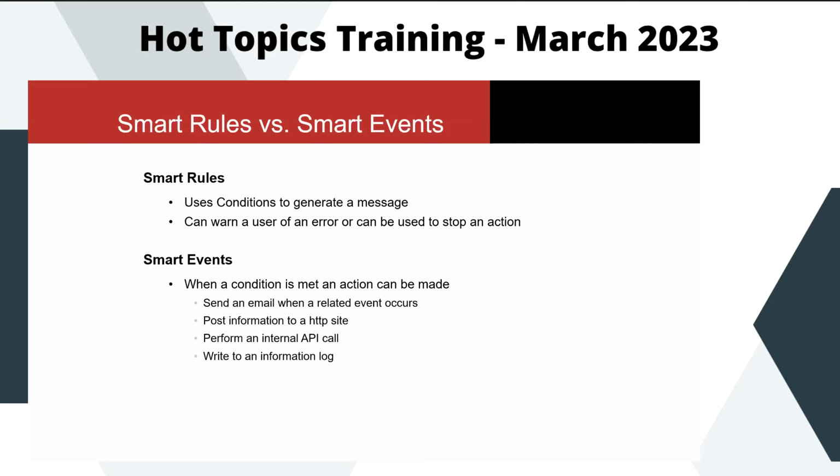Now, smart events are used when a condition is met and an action can be made. This can be something like sending an email to a related person when an event occurs. This smart event will trigger an action if that condition is met. An example is if an email is to be sent to a CEO, if they want to know when an invoice over a certain amount is made in the system, that can be done.